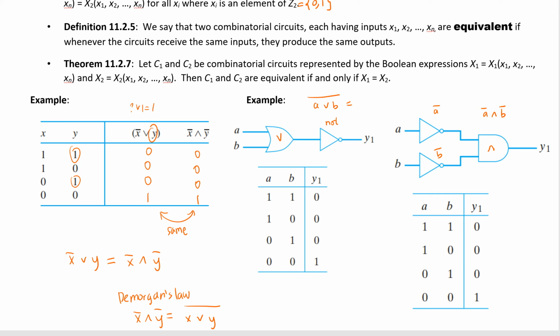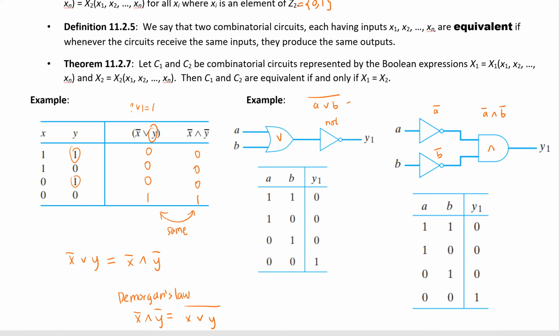See? This is actually De Morgan's law, right? If A and B are 1, then 1, 1 or gives us 1, and then not gives us 0. Next, 1 or 0 is 1, not 1 is 0, and 0, 1 gives us 1, not 1 is 0. And then 0, 0 or is 0, and then not 0 is 1. So this is how we get the logic tables.